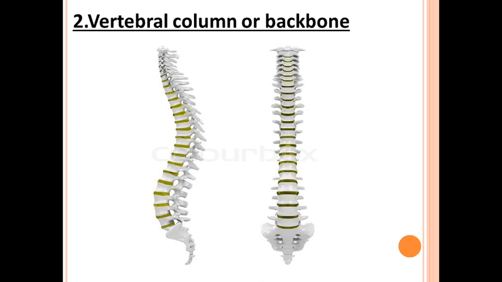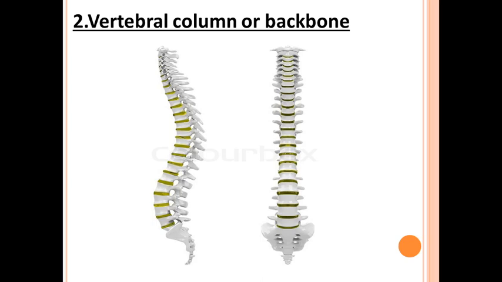All vertebrates have a column of bones running from the base of the skull and continuing till the hips. Means from the skull to the hips, one long column of bones, which is known as the vertebral column and backbone. Understood? Have you heard about vertebrates or invertebrates?